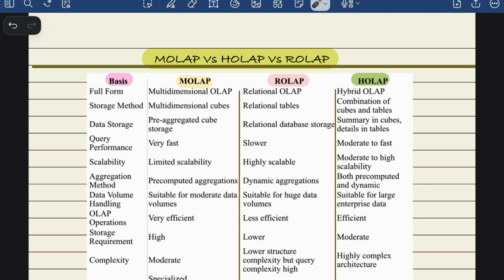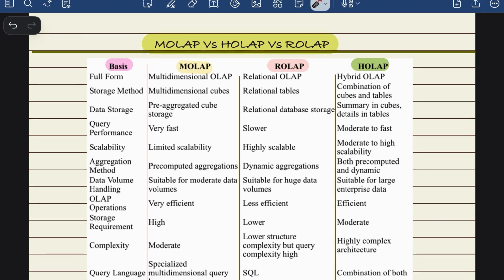So you see, it is a mashup. We are combining the cubes and the tables. Summary is stored in the cubes and details are stored in the tables. It has moderate scalability, it is very efficient, but it is highly complex. To create it and to maintain it is quite complex.